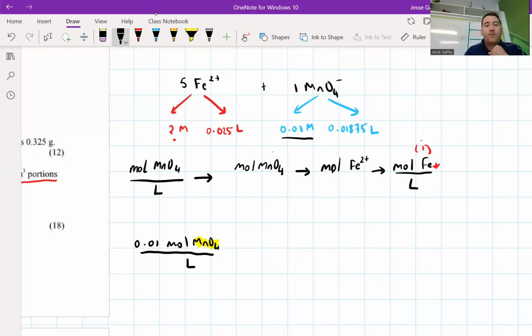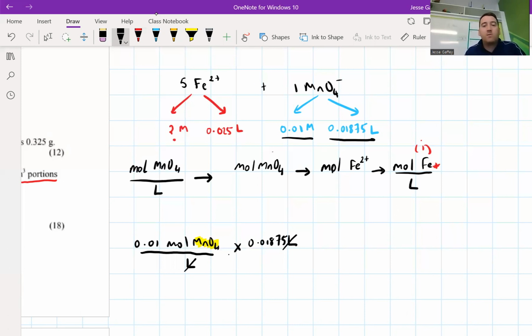Then we want to convert to moles of MnO4 per titration. So we need to get rid of the liter. Because it's in the denominator here, we're going to multiply by an amount of liters. Well, what's the amount of liters we use per titration? This number here. So take this moles per liter times 0.01875, and that will give you the moles in that amount.